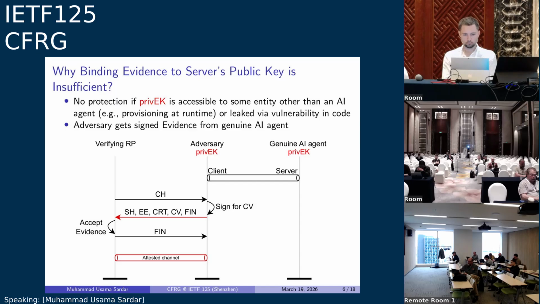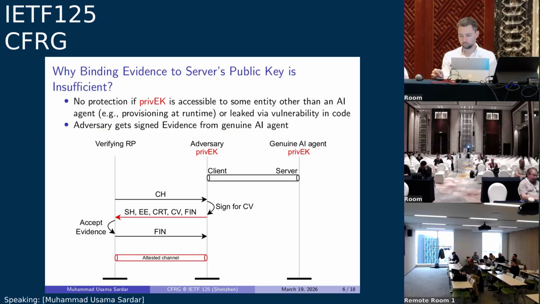So why binding? The second option we have is the server's public key, and we believe that is also insufficient, because it can be leaked in various ways. One is a vulnerability in the code, and there are a number of those; there is a lot of evidence already from practical exploits.